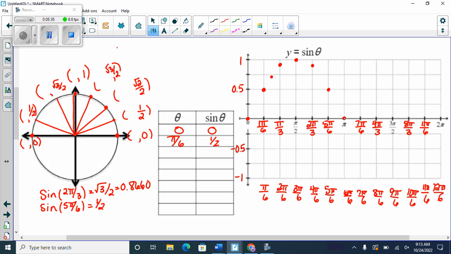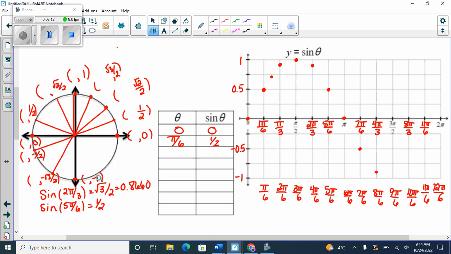Now we're going to the negatives because our y's are going to be negative now. So this one is 7 pi over 6, so it's going to be at negative a half. So negative 0.5. This one is at negative root 3 over 2, or negative 0.866. Then 3 pi over 2 is at negative 1.